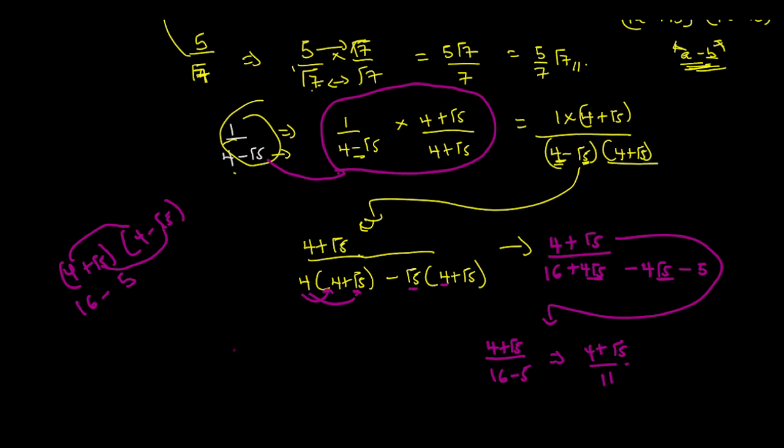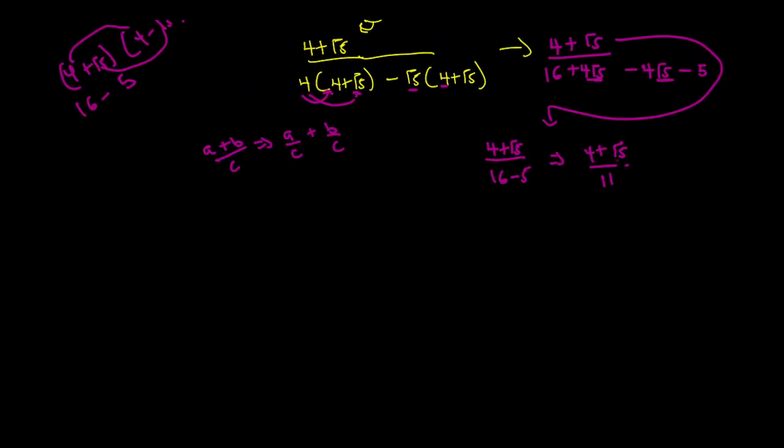Okay, and here, remember, in mathematics, when you have A plus B all over C, it is the same as A over C plus B over C. Yes, so with this expression, we can also write it as 4 over 11 plus root of 5 over 11.